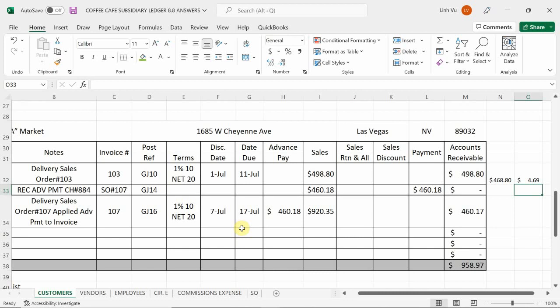No. It doesn't decrease the amount of sales. It decreases the amount that they owe me. If they didn't make a down payment, at the end of the day, they still owe me $920.35. But because they made a prepaid amount here, the amount of sales does not change.